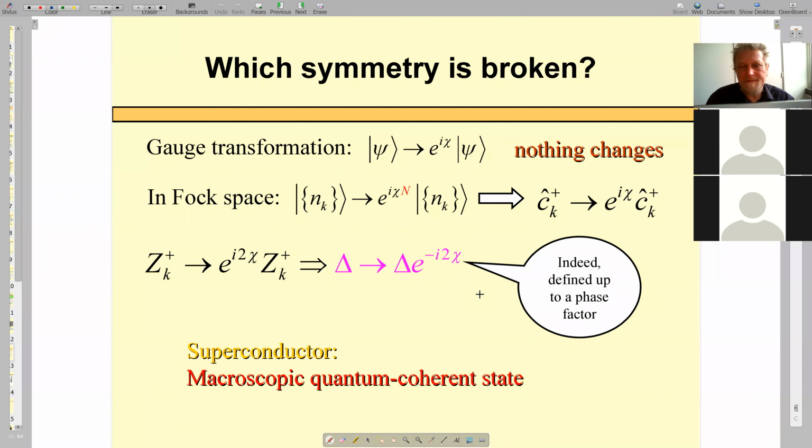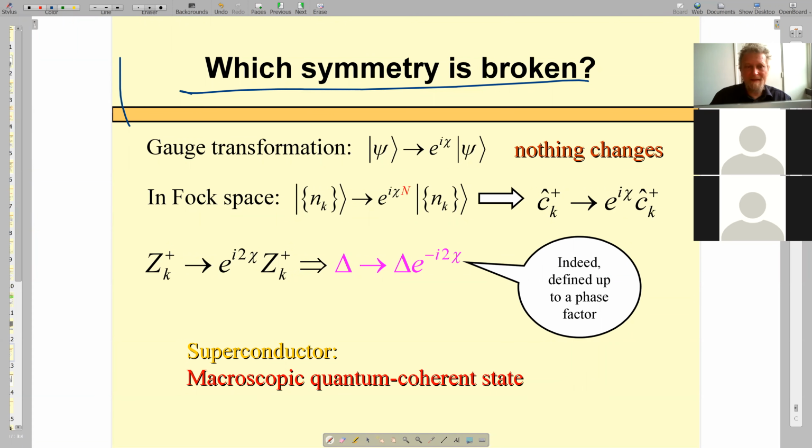Let us see. Let us understand this rather mysterious thing, which also brings quantum coherence to our world. Let us discuss this symmetry, broken symmetry. Okay, let me explain this. Did you get gauge transformation in the course of electromagnetism? I don't know.